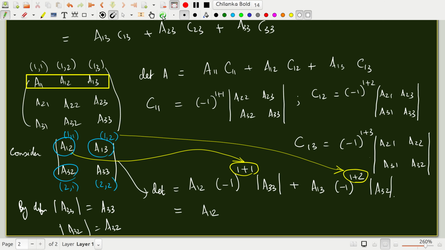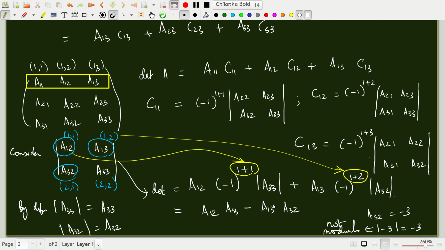The reason is, as I told you, if A32 is minus 3, then this is just minus 3. This is not modulus. Okay, this is not modulus, this is determinant. So I have to simply take whatever that entry, whatever that element is. So this is A12, this is minus 1 squared, which is plus 1, A33. This is minus 1 cubed, so there is a minus, A13, A32.